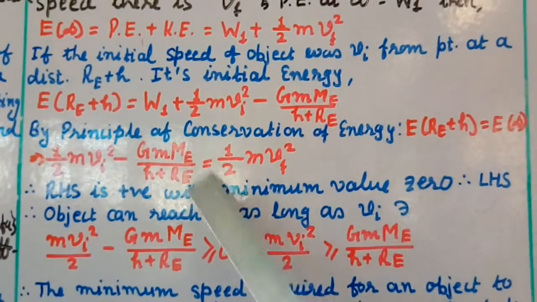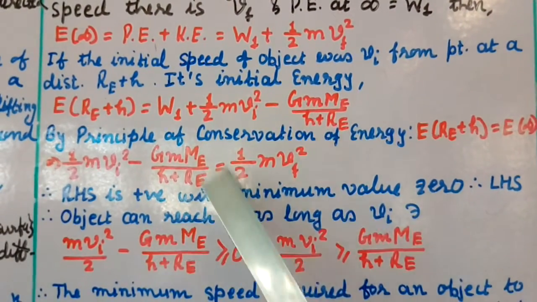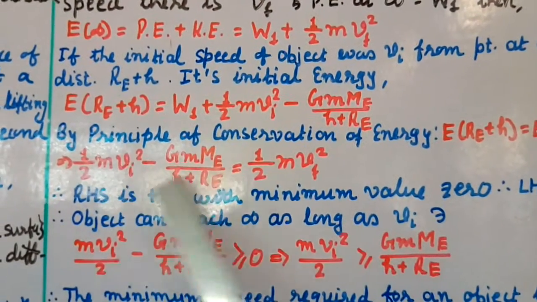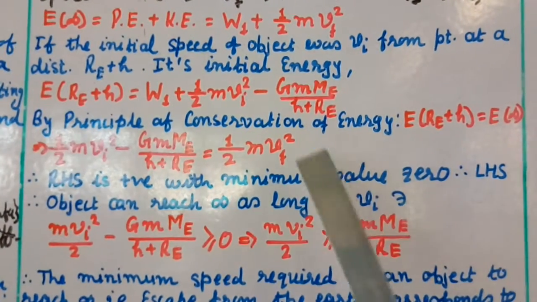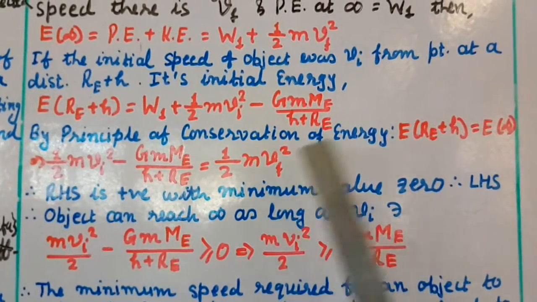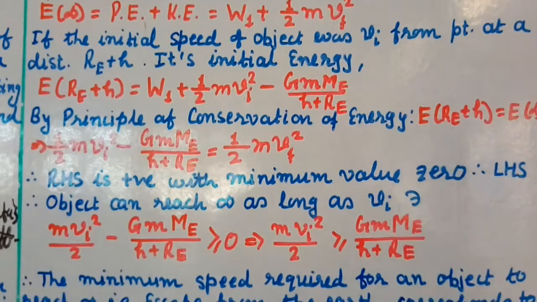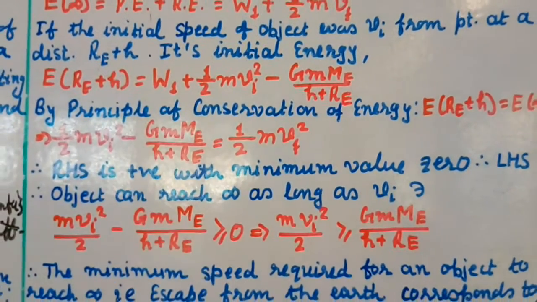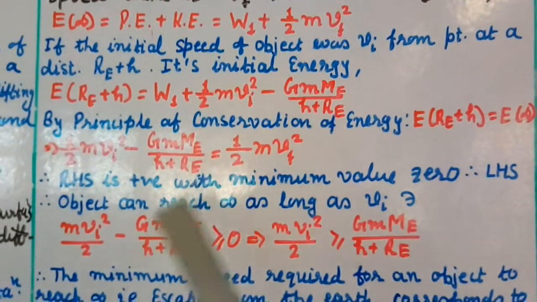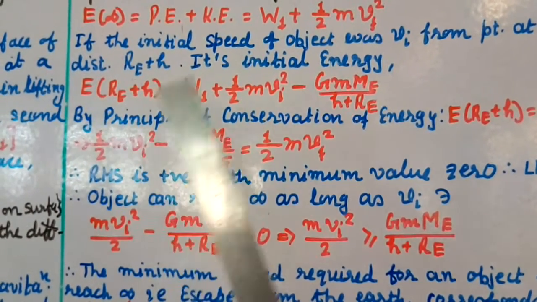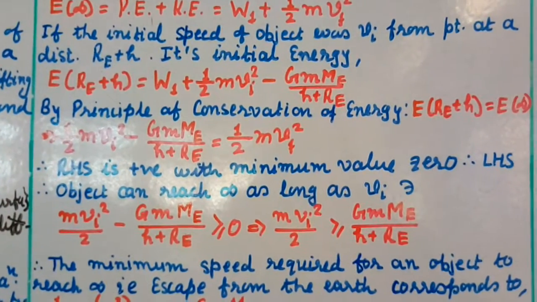Since the right hand side is positive with minimum value 0, the left hand side also will be positive, with minimum value 0. So this should be positive and its minimum value will be 0.